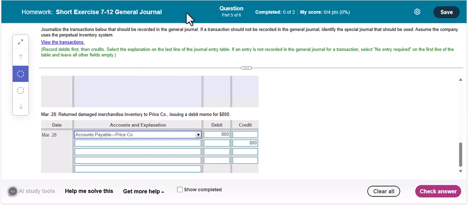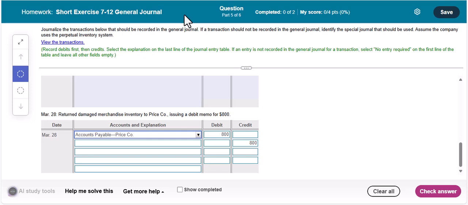And why am I debiting that? Because remember, AP is a liability. Liabilities increase on the right side, so to lower that, we need to debit it. So by sending them the debit memo, we're saying we no longer owe you the $800 because we're returning this inventory. And then what happens to our inventory when we return it?